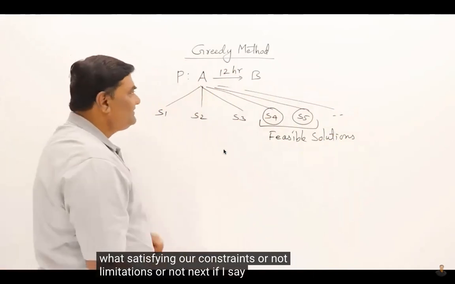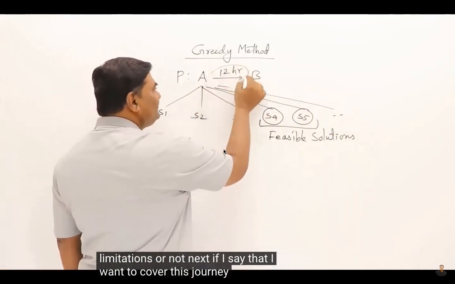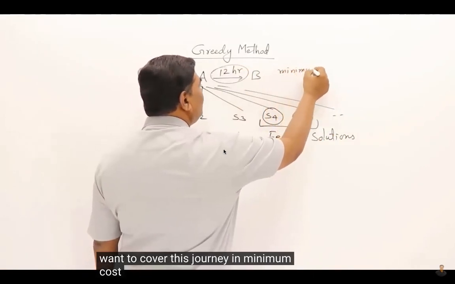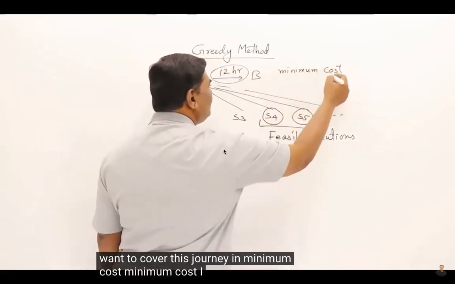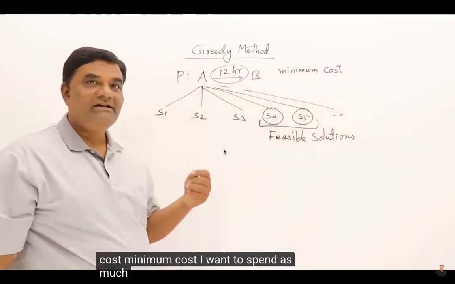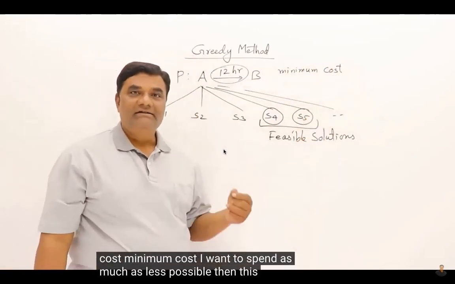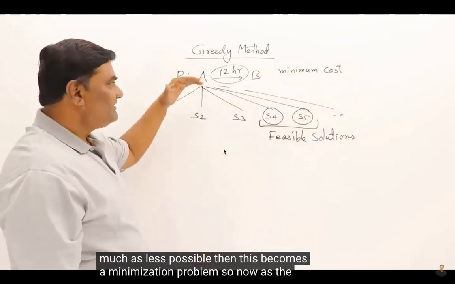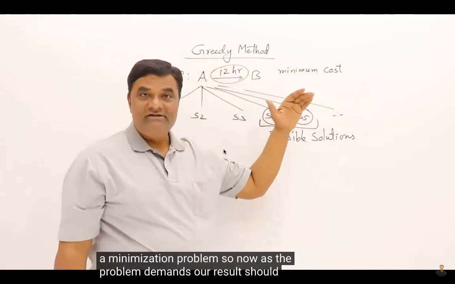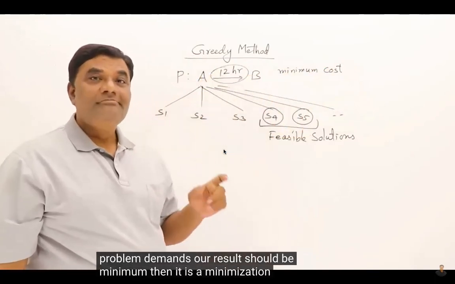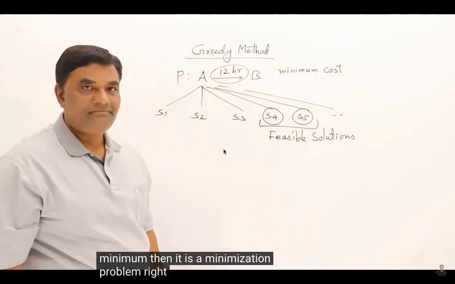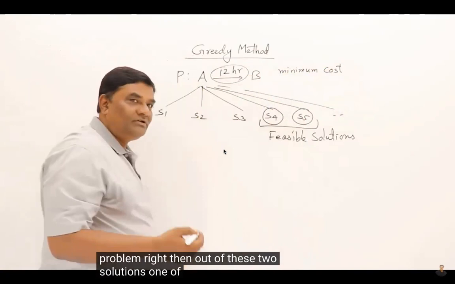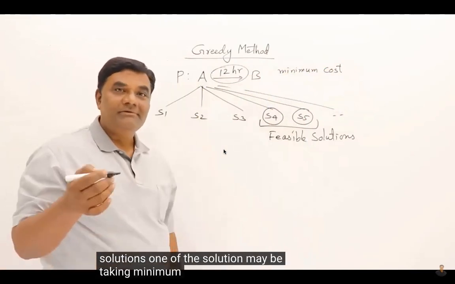Next, if I say that I want to cover this journey at minimum cost, I want to spend as little as possible, then this becomes a minimization problem. So now, as the problem demands that the result should be minimum, it is a minimization problem, right? Then out of these solutions, one of them may be taking minimum cost.